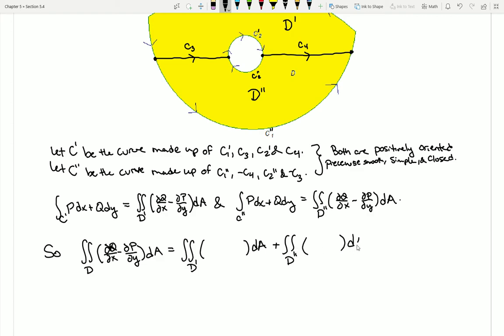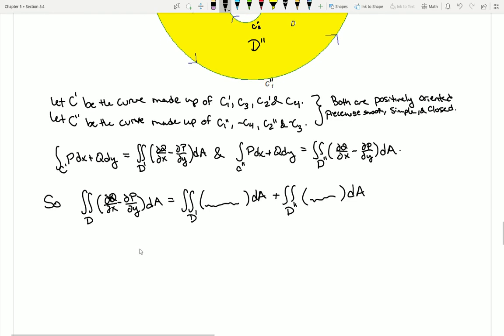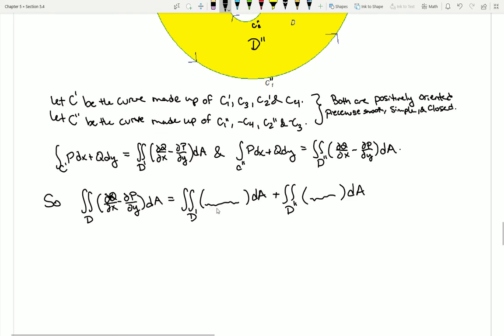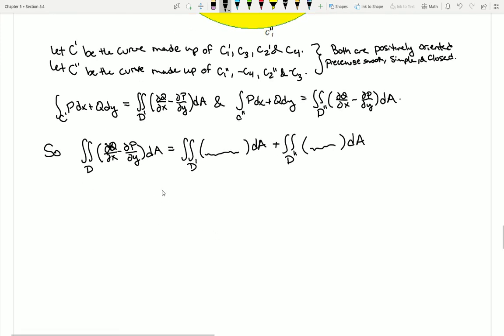Now for the sake of time, I'm going to go ahead and not actually write in all the information in here. We know that that's supposed to just be ∂Q/∂x minus ∂P/∂y. Okay. But what we've seen is that each of these double integrals here can be translated back into their associated line integral. So I'm going to go ahead and rewrite out what that's going to be the same as.